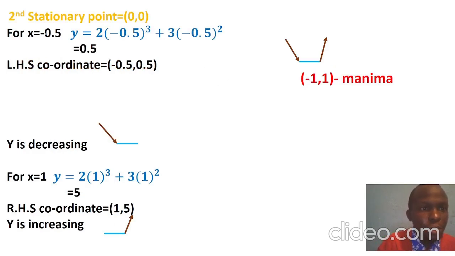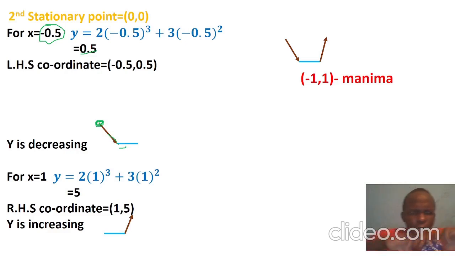For this next stationary point, we are also going to do the same substitution. We are going to say let x be minus 0.5, and then it will give us 0.5. So we are going to see it's a decrease in nature because it is from minus 0.5 to 0, and this is flat. This is our turning point.